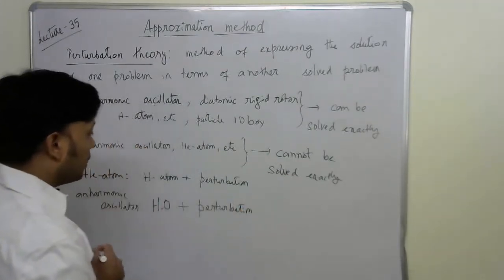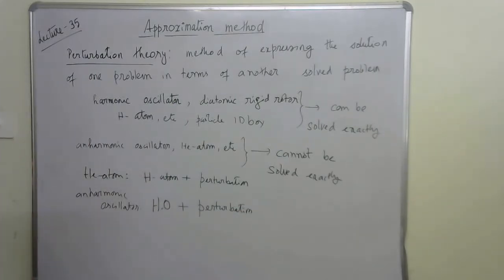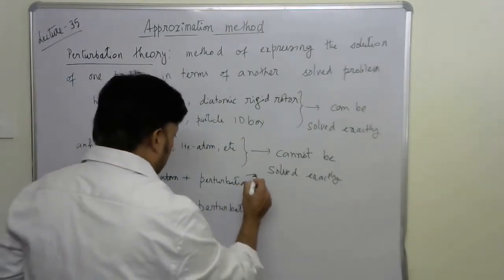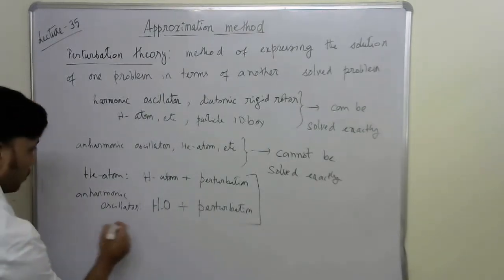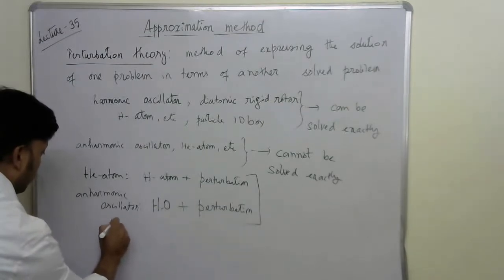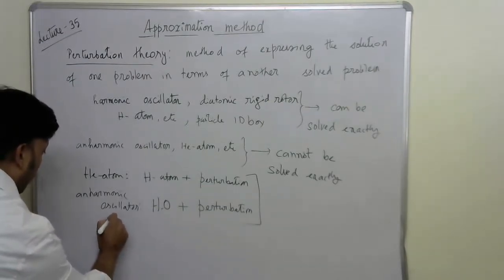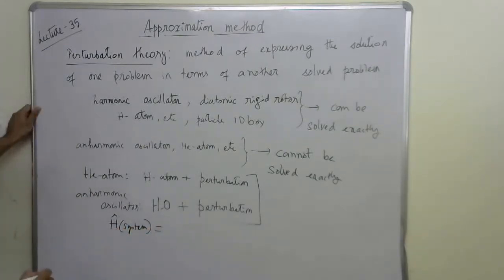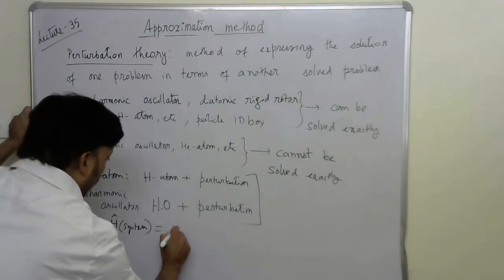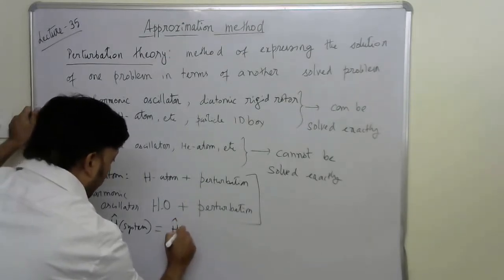So whenever we write the Hamiltonian operator for the entire unknown system, it should be equal to some already known Hamiltonian, which I call H naught.